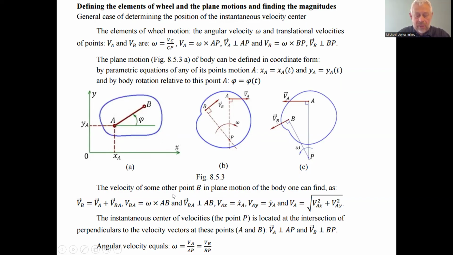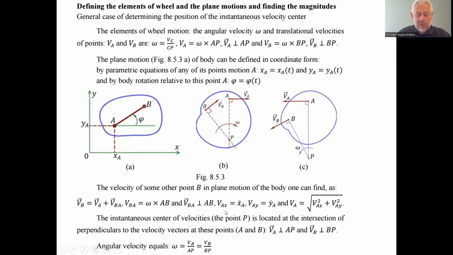The velocity of some other point of the body in the plane motion, probably the point B, one can find as the velocity of the point A plus the velocity of point B relative to the point A. The relative velocity is the product of the angular velocity by the radius AB, and it is perpendicular to the radius AB.